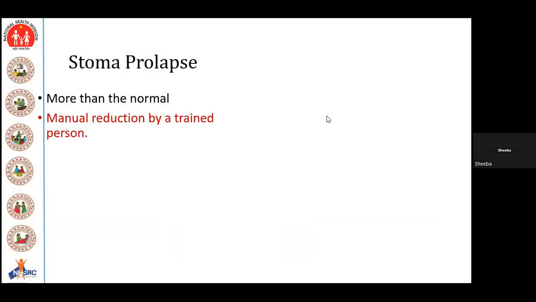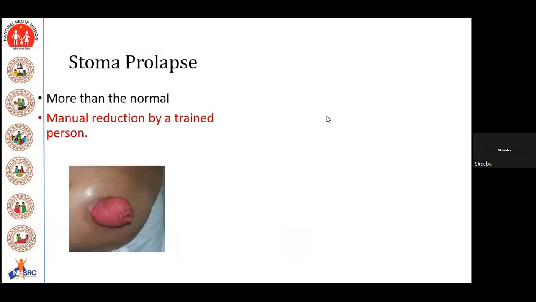The next problem is stomal prolapse. If the patient is having stomal prolapse, a minimal 1.5 to 2 centimeters is normal, but if you see more than that, you can try manual reduction.